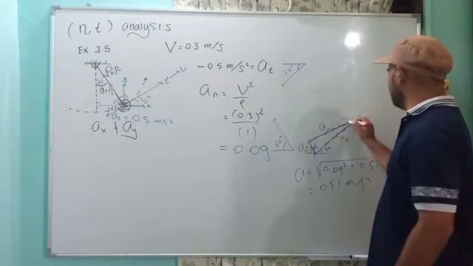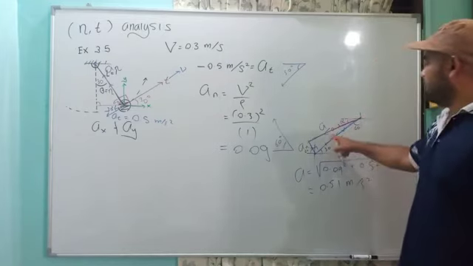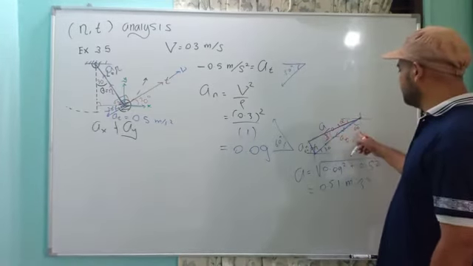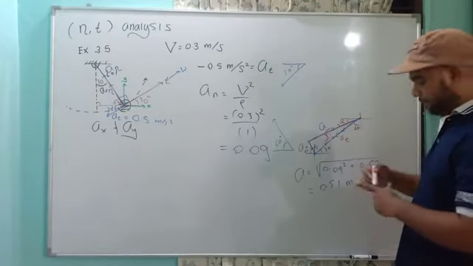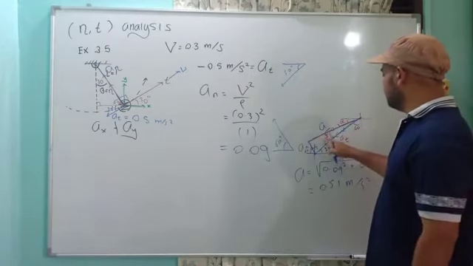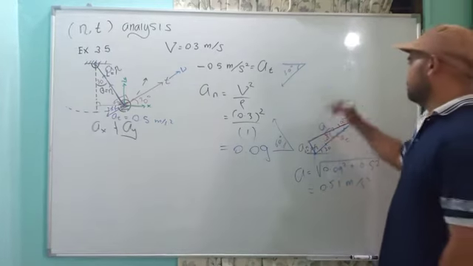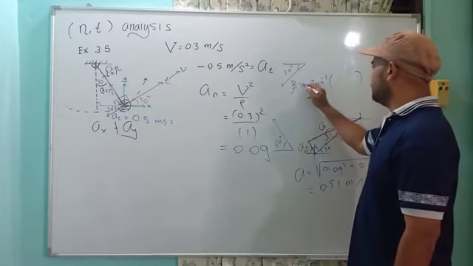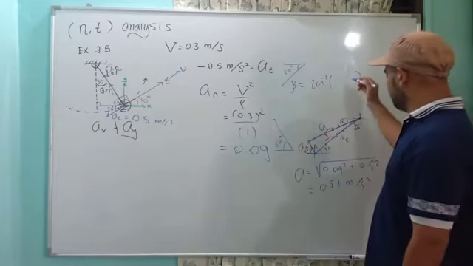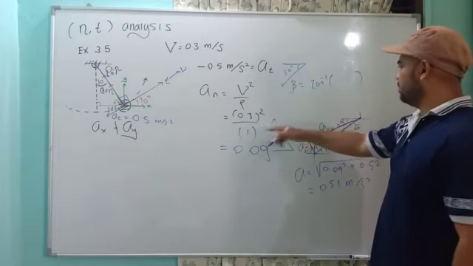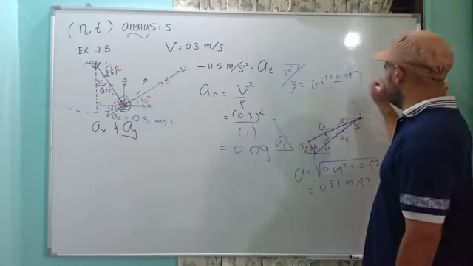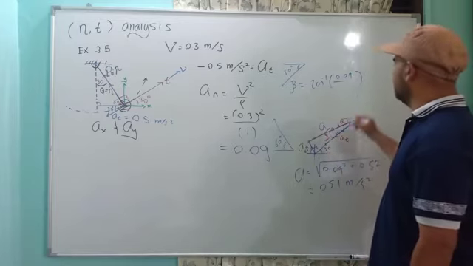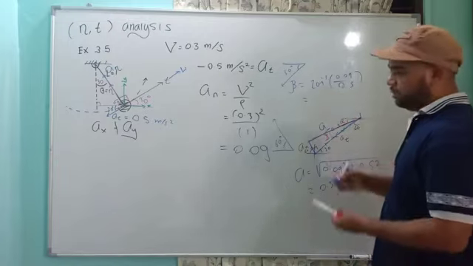This is your direction for A, but you have to first calculate the direction of this inside angle. Minus 60 minus this one, you get the alpha. Here inside we can use tangent. The beta is equal to tangent inverse of A normal, 0.09, divided by this one, 0.5, so you get the beta.